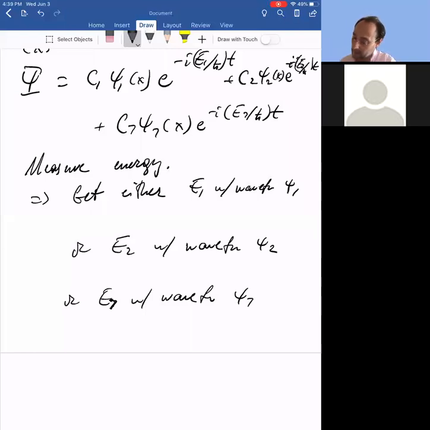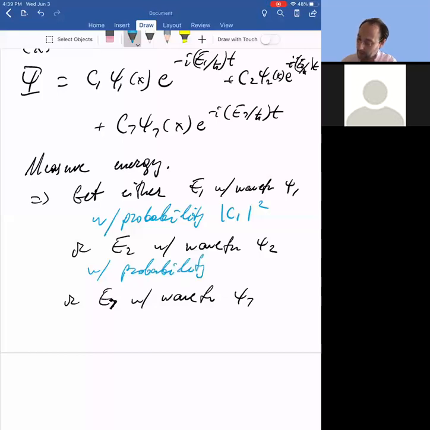But before we get there, my question is, what's the probability that you're going to get either psi1 with E1, psi2 with E2, or psi7 with E7? And the answer is, with probability magnitude C1 squared, with probability magnitude C2 squared, with probability magnitude C7 squared.